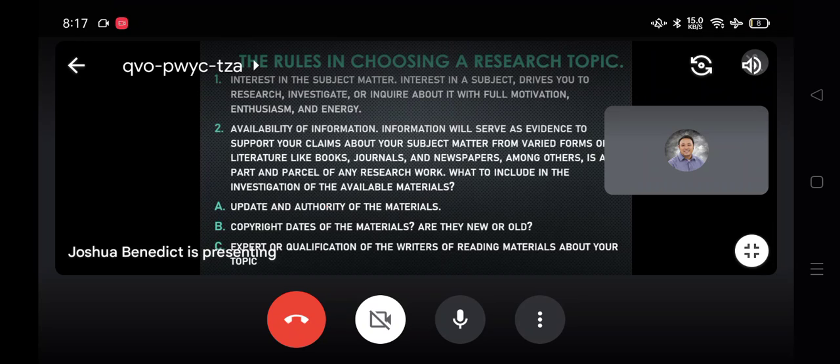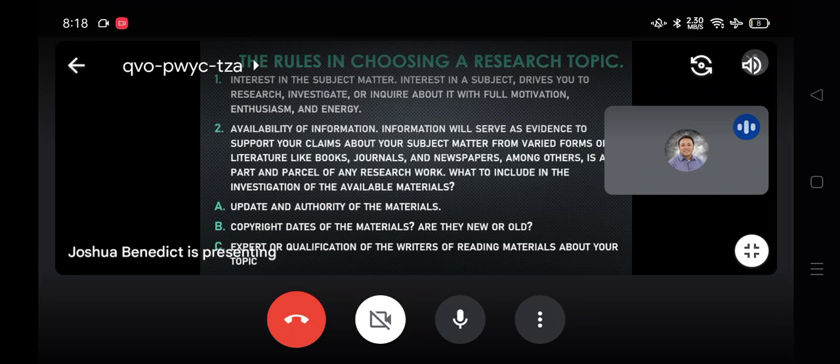Okay? Then there's the availability of information because this information will serve as evidence to support your claims about your subject from varied forms of literature such as books, journals, and newspapers, among others, and is part and parcel of any research work. So, what do you need to include in the investigation of the available materials?